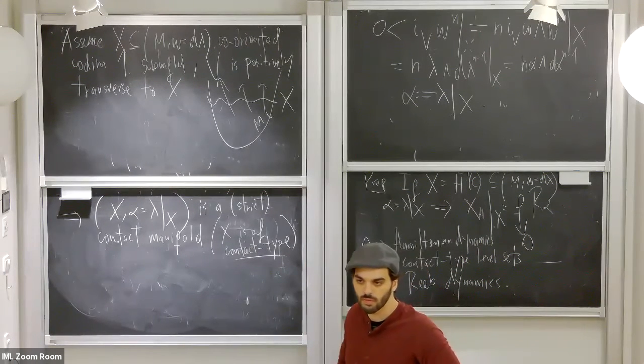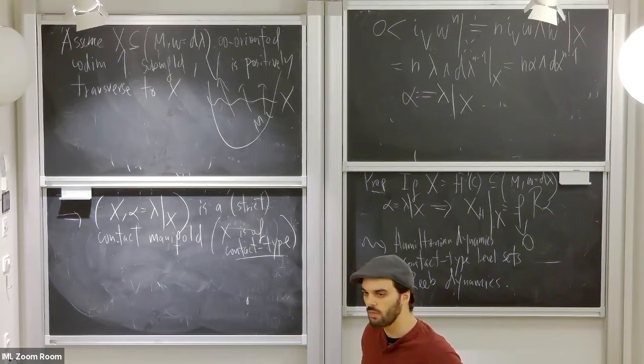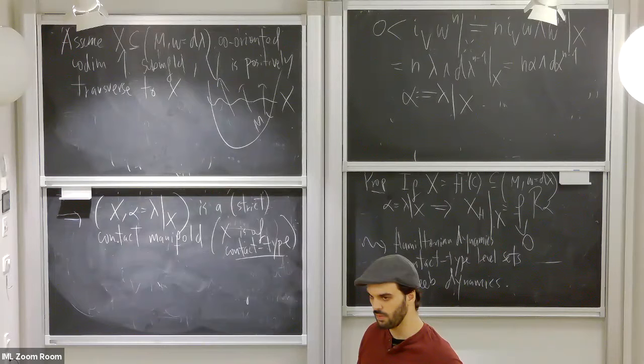I wasn't here for this, so maybe I always get confused when people say maximally non-integrable. Because doesn't it have to be integrable? Well, integrability should mean that there's a submanifold whose tangent space is precisely your distribution. When you say the contact form is maximally non-integrable, I mean, as non-integrable as possible.